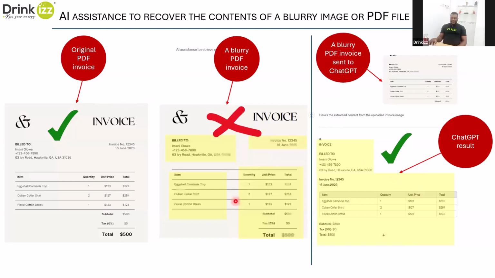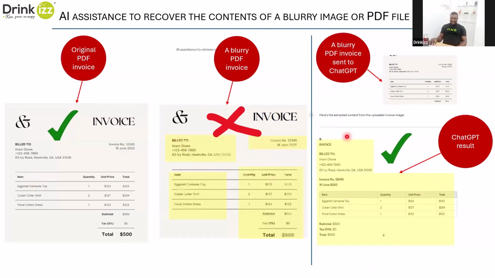This function is very useful for businesses that have a lot of documents and need to ensure they are clear and accurate. Here I have the original PDF invoice, and here I have the PDF with unclear information.